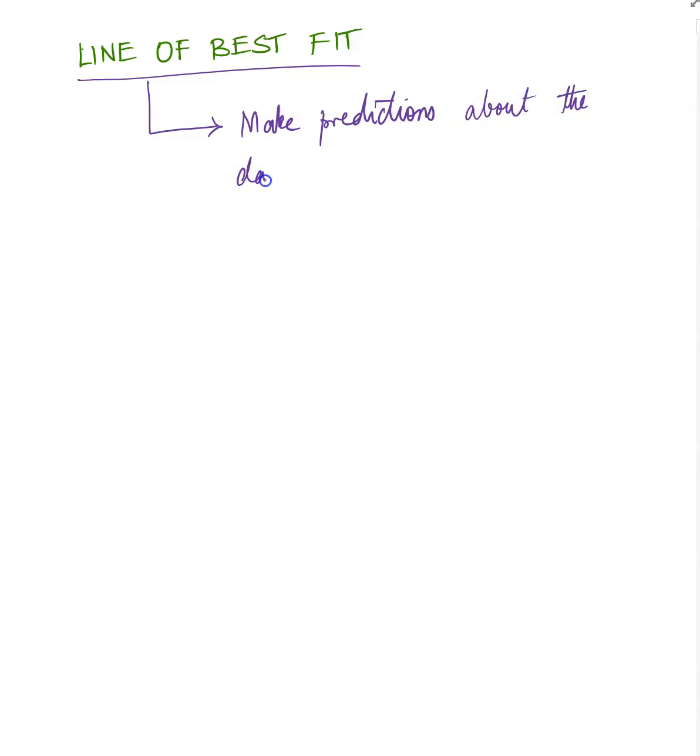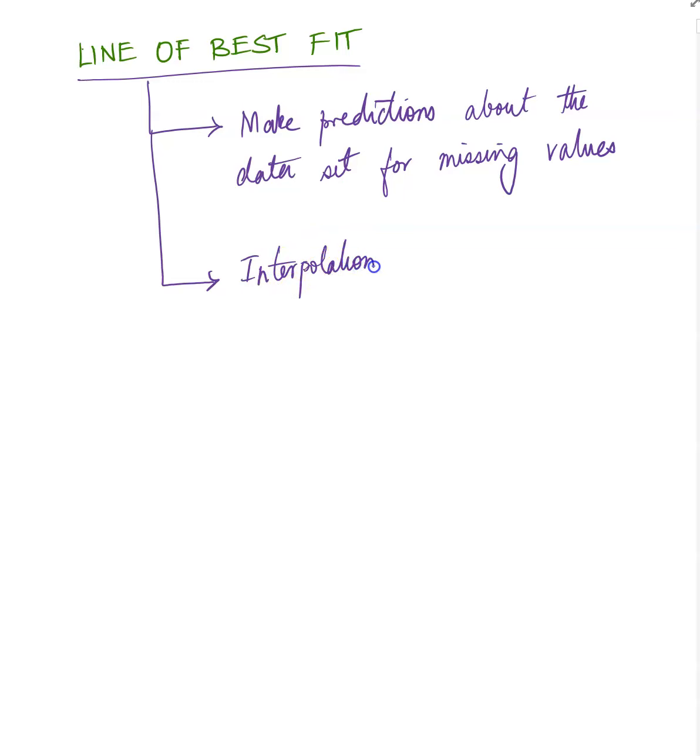Now let's talk about line of best fit. The purpose of getting the equation is to help us to make predictions. Okay, so the purpose is to make predictions about the data set, for missing values. And we have two types of prediction. One is called interpolation.